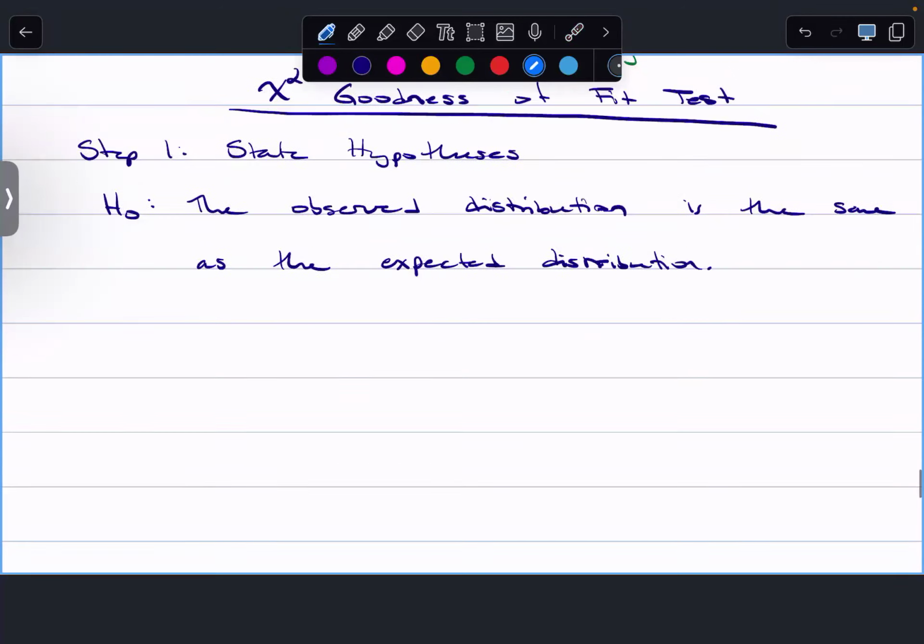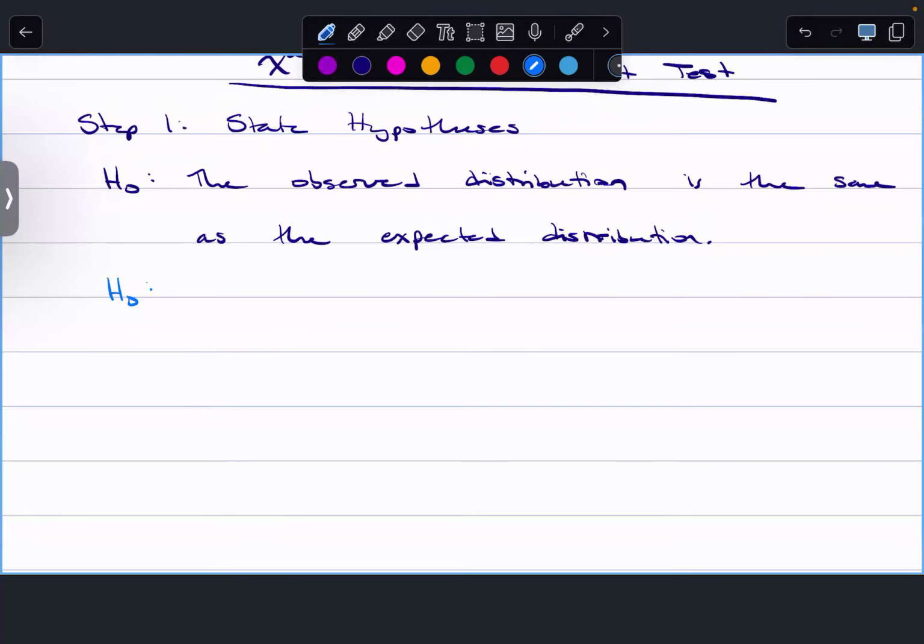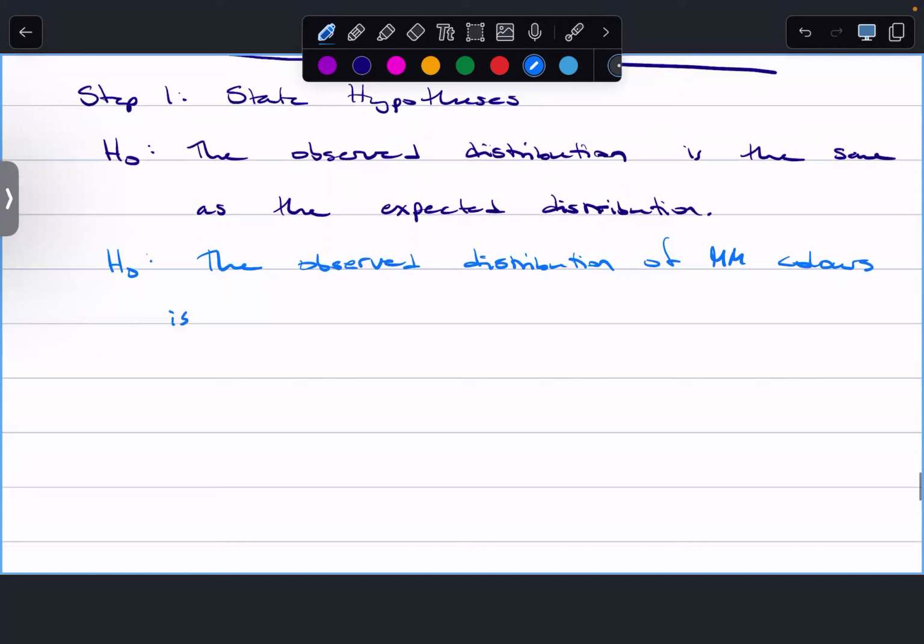And so for us, let's say the null hypothesis is the observed distribution of M&M colors is evenly distributed.